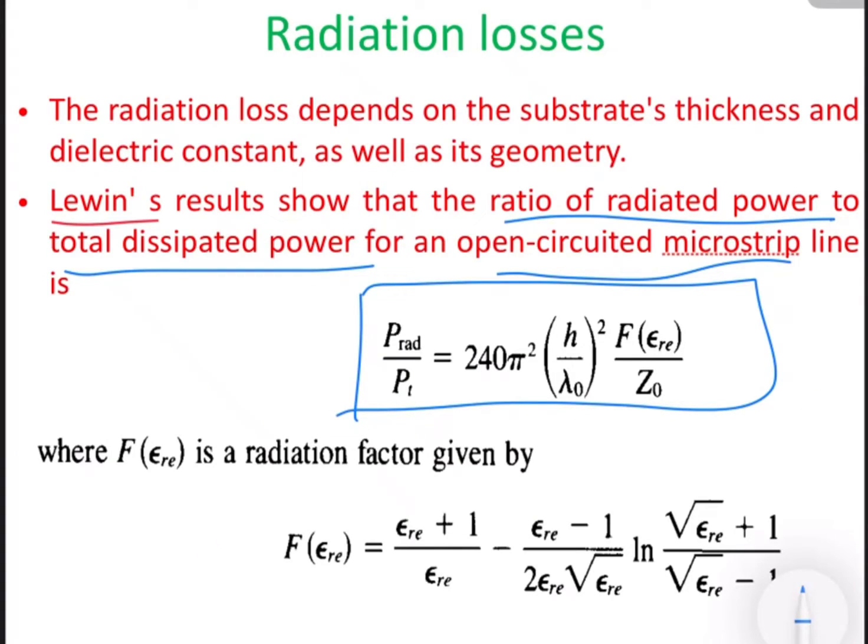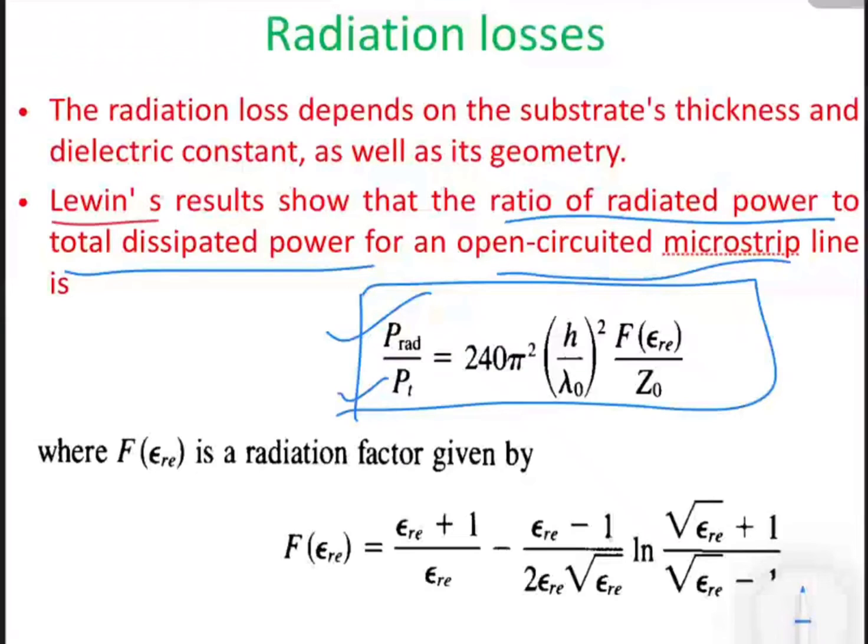P RAD stands for power radiated and PT is power transmitted. So the ratio of radiated power to the total dissipated power is equal to 240 pi squared into h by lambda naught squared into F epsilon RE by Z naught, where F epsilon RE is a radiation factor.